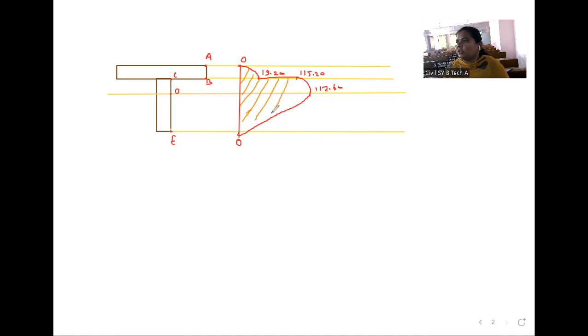This is the shear stress distribution diagram. This is A point, this is B point, C, D, and this is E point. So please write down.